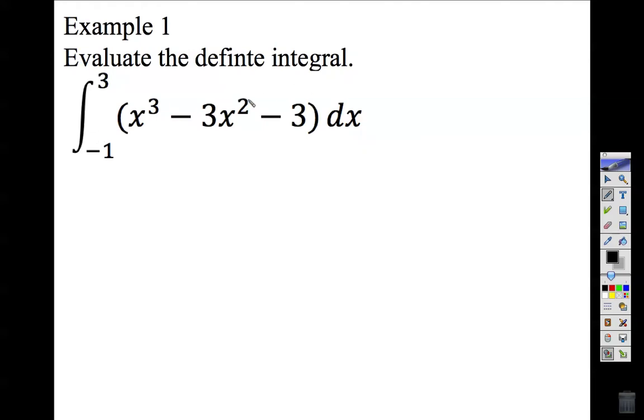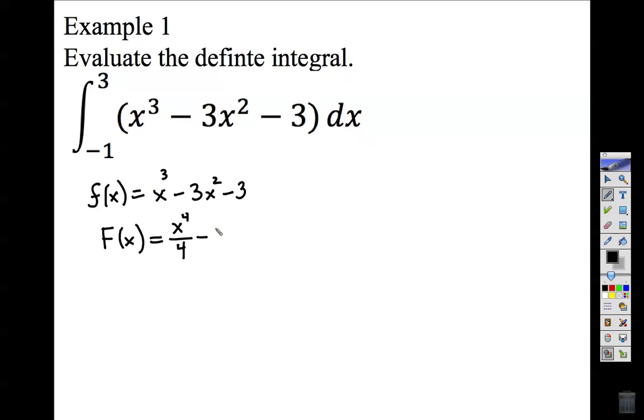So in order to find that, based on the FTC, we know that f of x equals x cubed minus 3x squared minus 3. We want to find its antiderivative, or indefinite integral, and it's going to be this right here. In order to find that, we need to add 1 to the exponent and divide by the new exponent for this term.